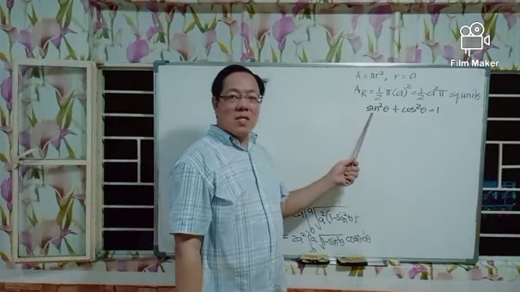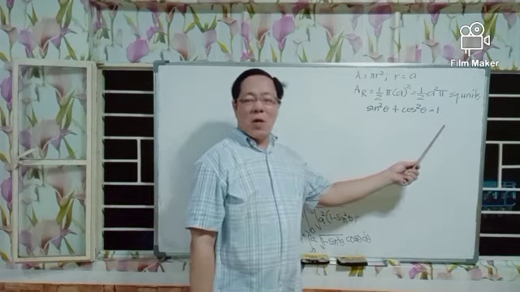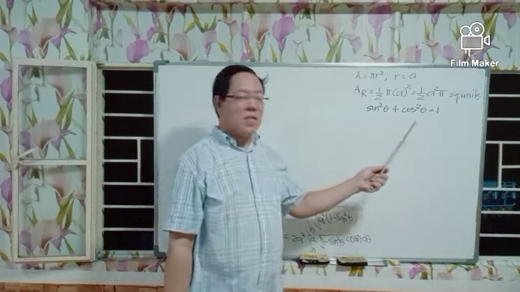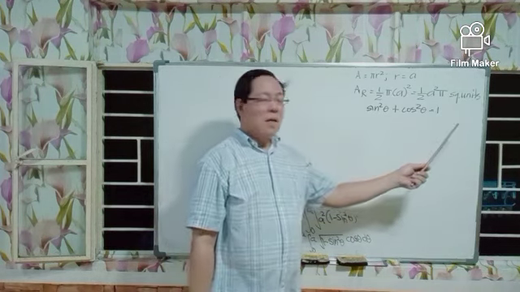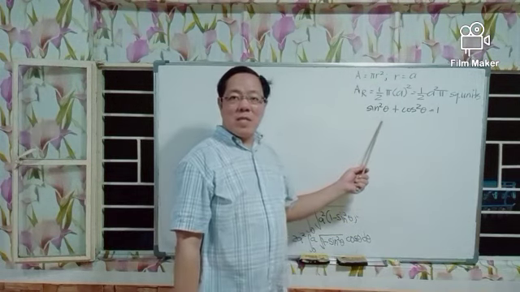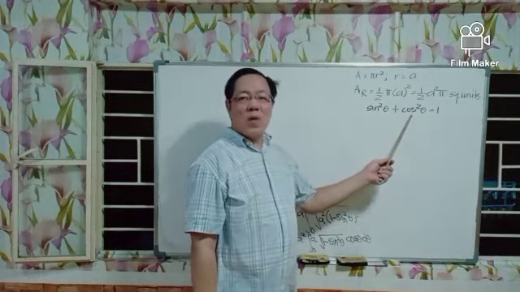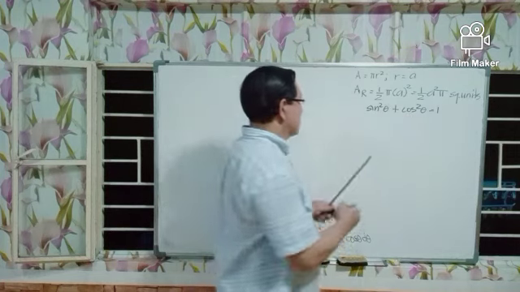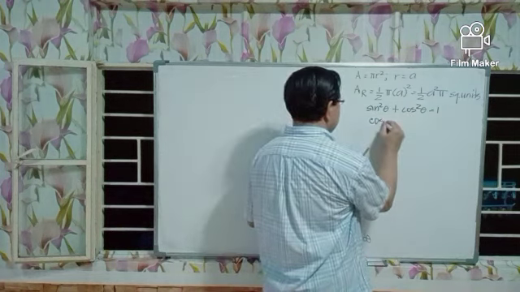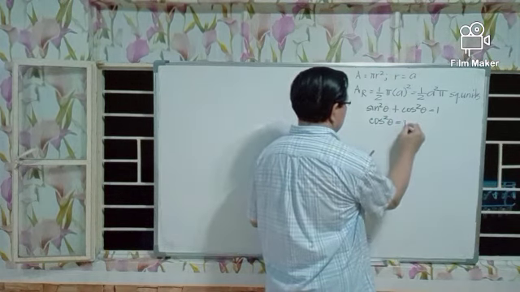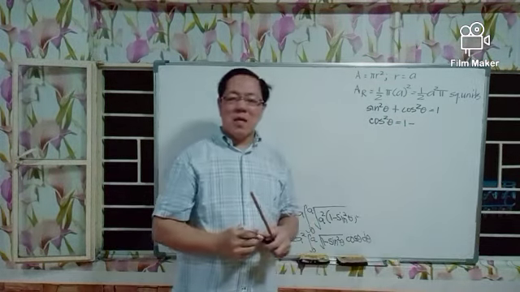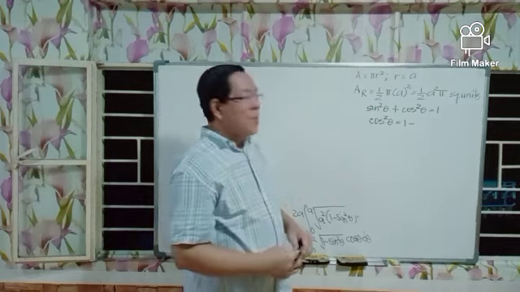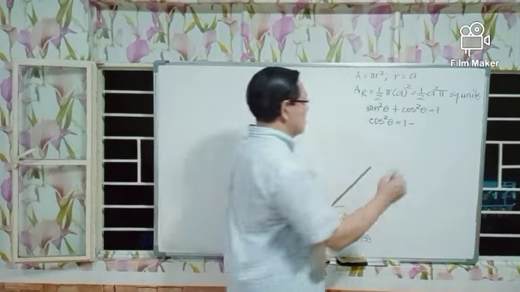And we transpose sine squared theta to the right hand side, or we subtract sine squared theta from the left and from the right. If you subtract sine squared theta from the left, you will get what is left at the left hand side is cosine squared theta. And we subtract the same quantity from the right, 1 minus sine squared theta.